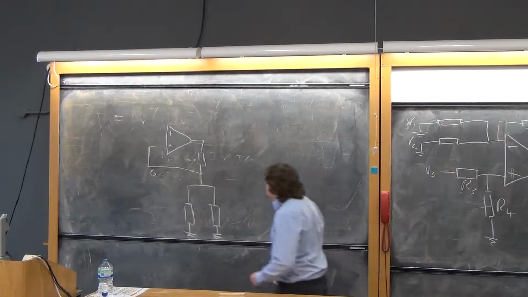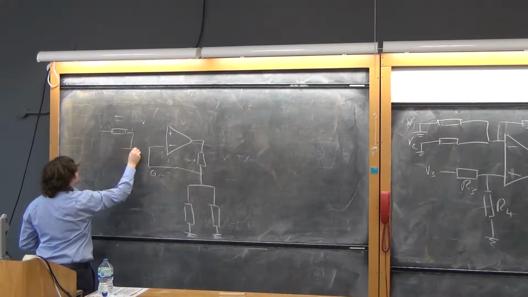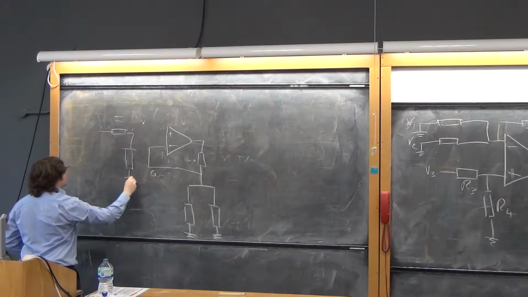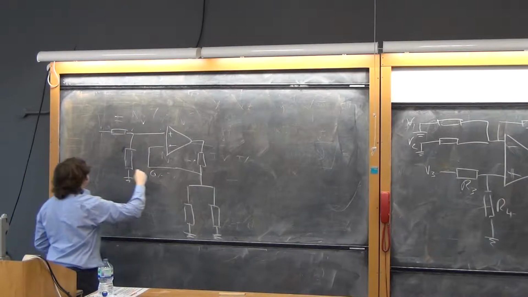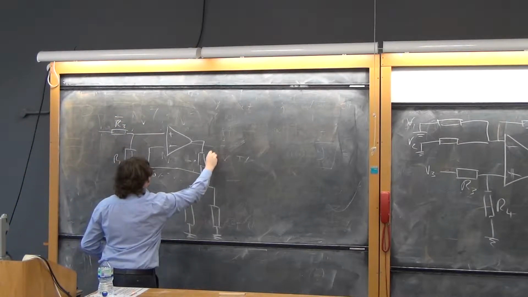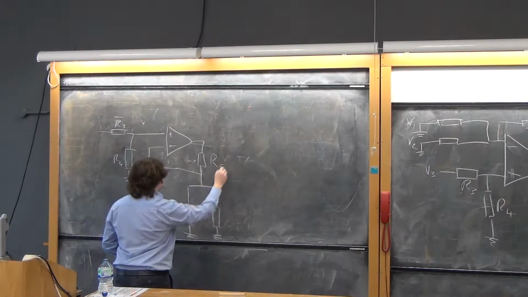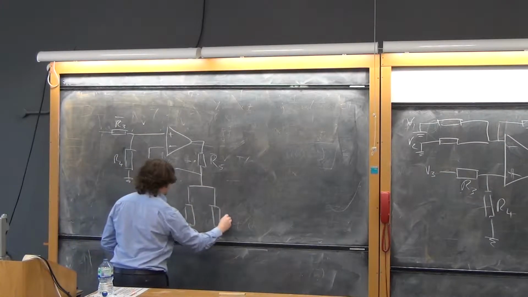I'm getting through it today. And there's this up here. So this is R4, that's R3, that's R5 as feedback, was it? Yeah. And this will be R1 and that will be R2.